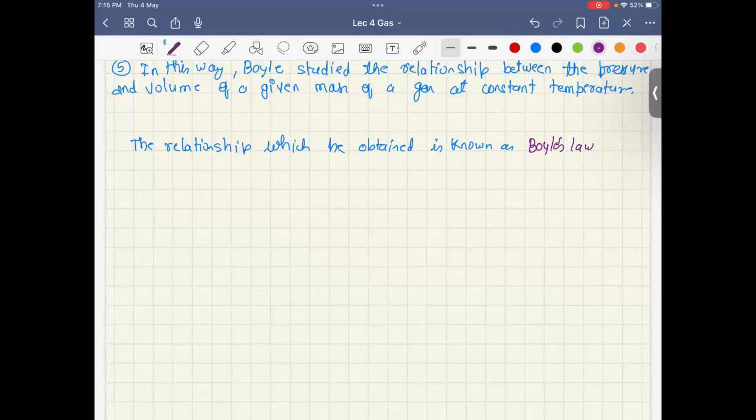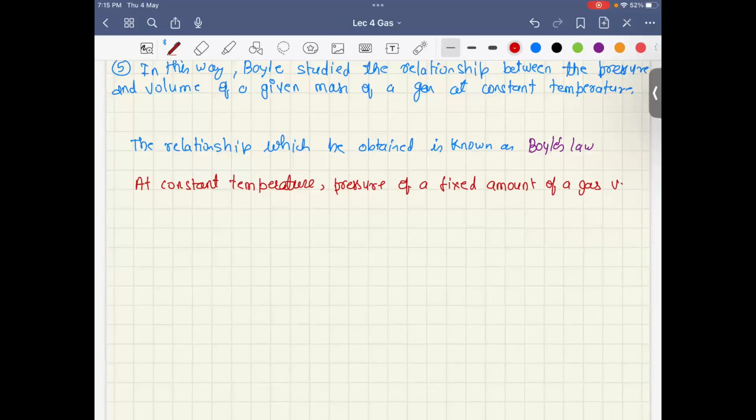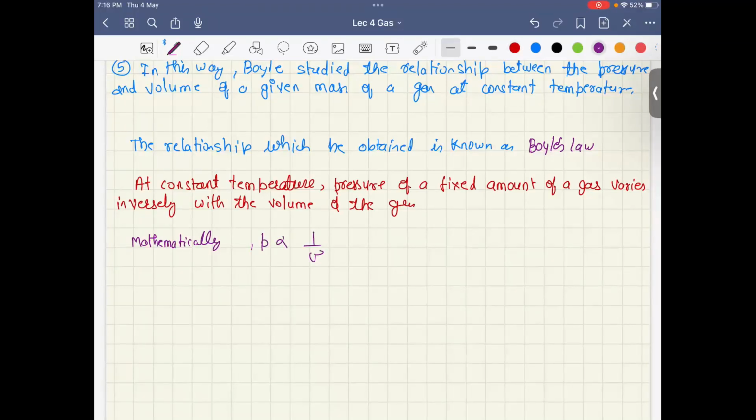The statement of Boyle's law is: at constant temperature, the pressure of a fixed amount of gas varies inversely with the volume of the gas. Mathematically, we can write that pressure is inversely proportional to volume, when n and T are constant.